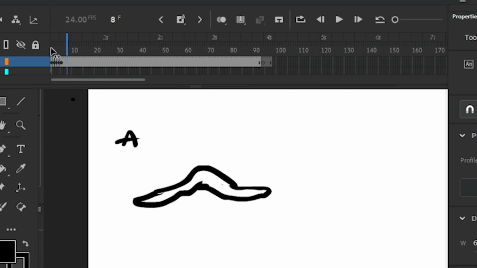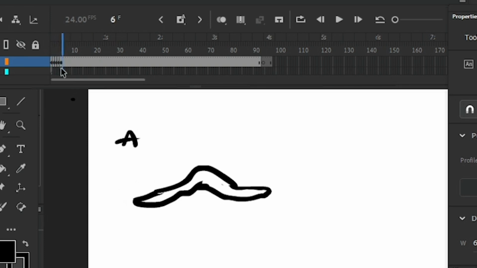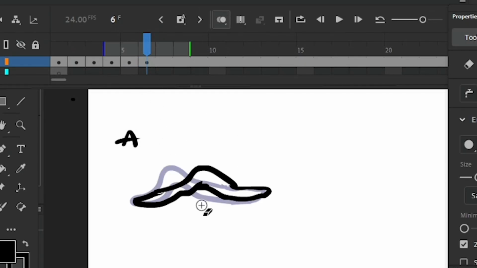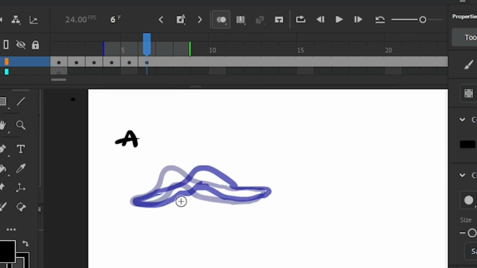As you can see, the worm is actually moving to point B right now. So move to the next keyframe, which is frame 6. If you move further, you see it's on the 6th keyframe. We take another keyframe, and then we turn on our onion skin to see what's on the next. You see? So we go again.